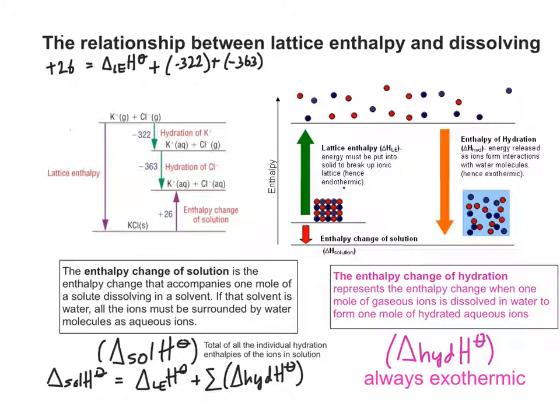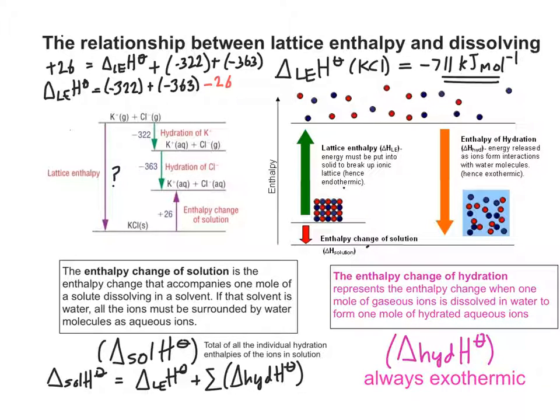The one value we don't have is lattice enthalpy, so we have to rearrange the expression so that lattice enthalpy is the subject. We take the total of our hydration enthalpies and we subtract the enthalpy change of solution from that. Then we can state that the standard lattice enthalpy for potassium chloride is minus 711 kilojoules per mole, kJ mol to the minus 1.